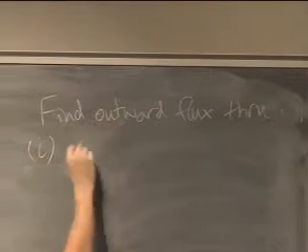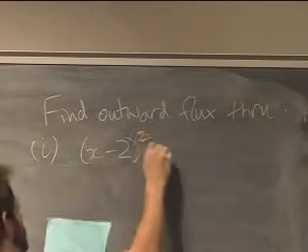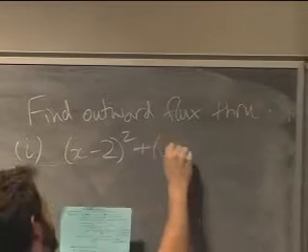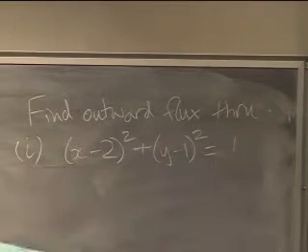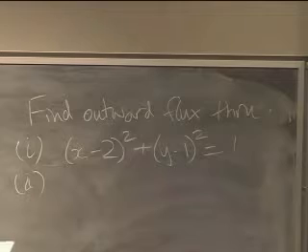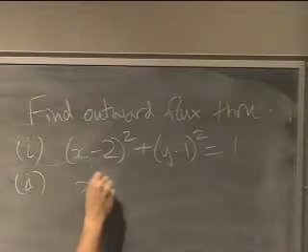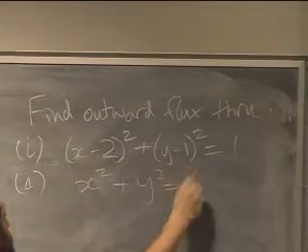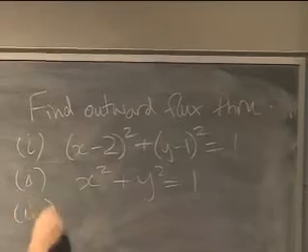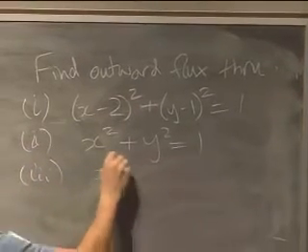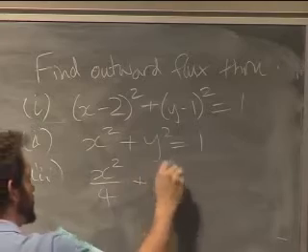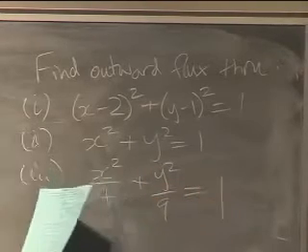First part is (x minus 2) squared plus (y minus 1) squared equals 1. Second part, x squared plus y squared equals 1. Third part, x squared over 4 plus y squared over 9 equals 1.